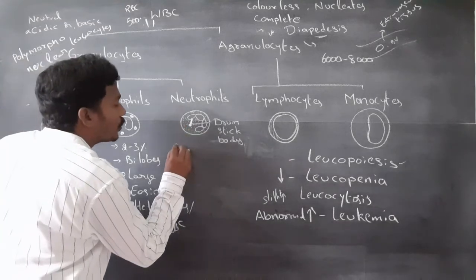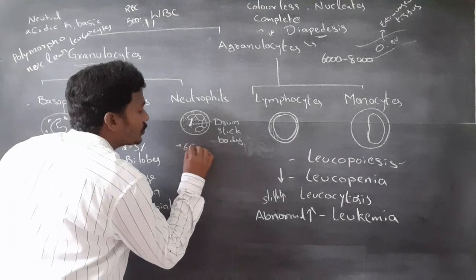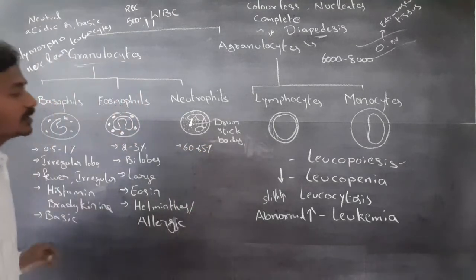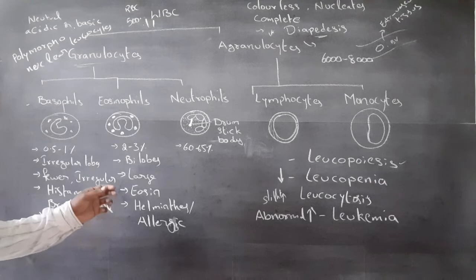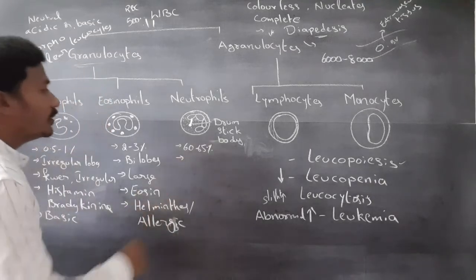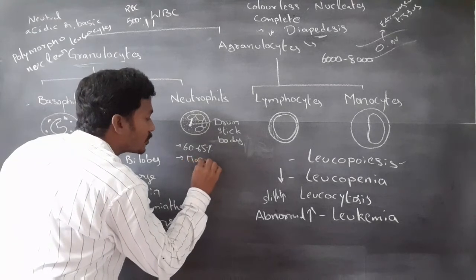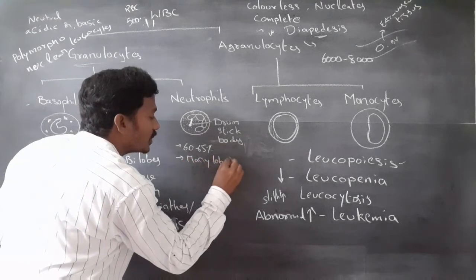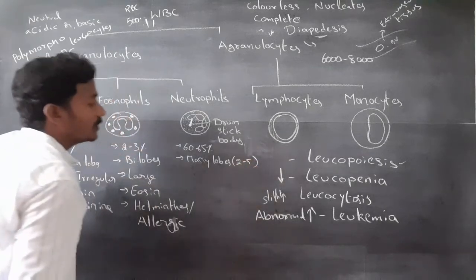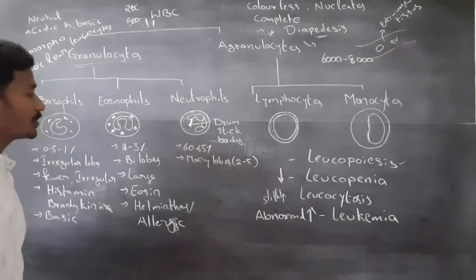Next, neutrophils. Neutrophils occupy 60 to 65 percent of total leukocytes. The nucleus is divided into many lobes, that is 2 to 5 lobes.